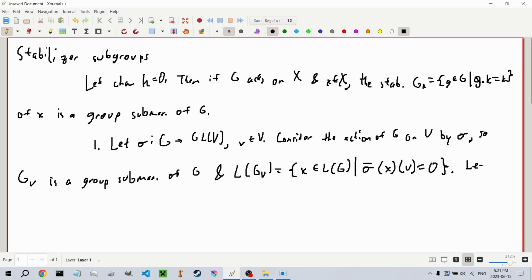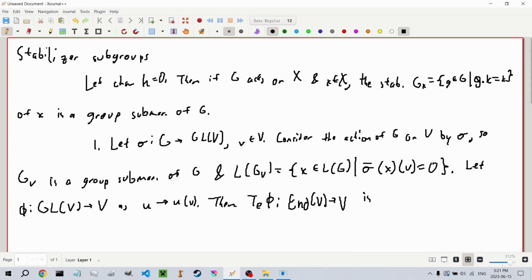And to see this, we're going to let phi_v be the map from the general linear Lie group of V to V, sending u to the function u of v. Then the tangent at the identity of the endomorphisms of V is the map sending y to y of v. So now this is evaluation at our chosen v.